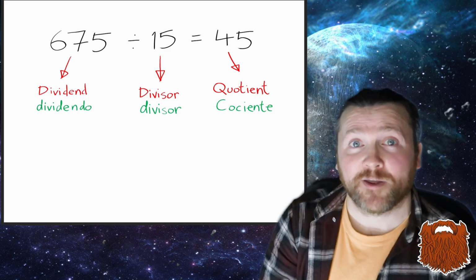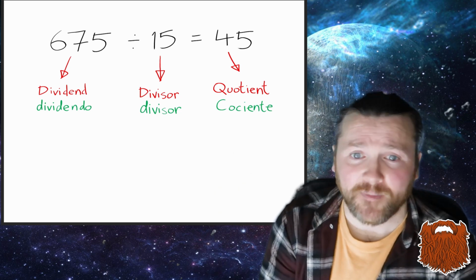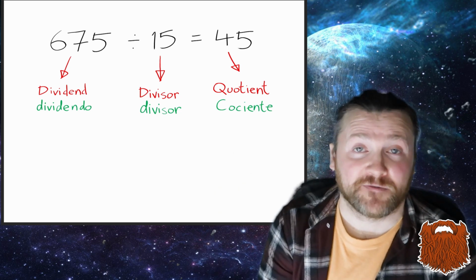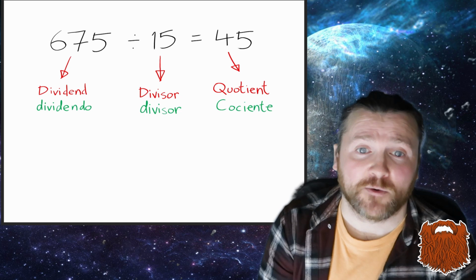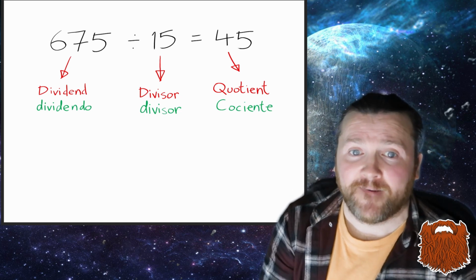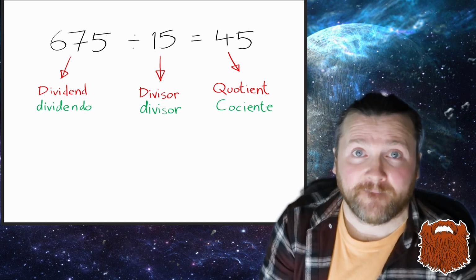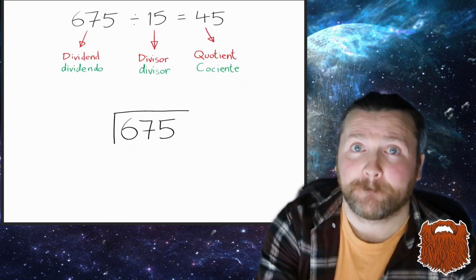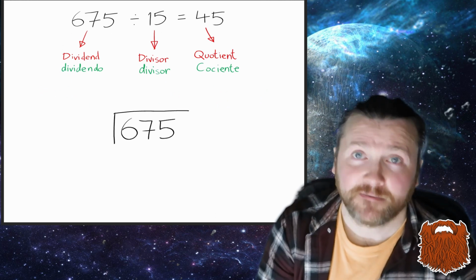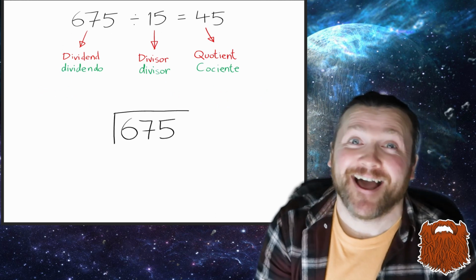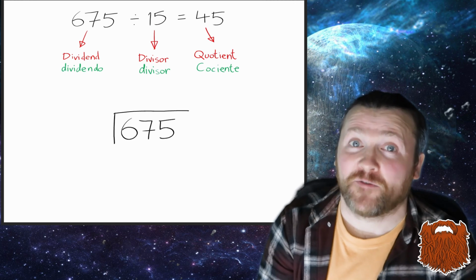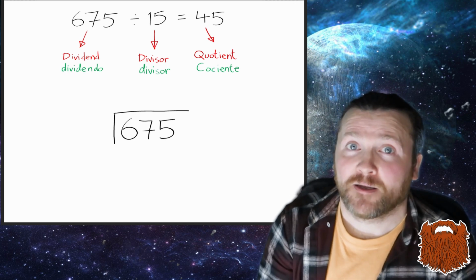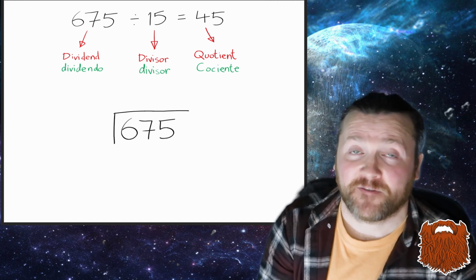Let's rewrite that number sentence in our long division format. The first thing we do is we put the dividend inside the long division box. Perfect. And then we put the divisor beside it, to the left of the box.